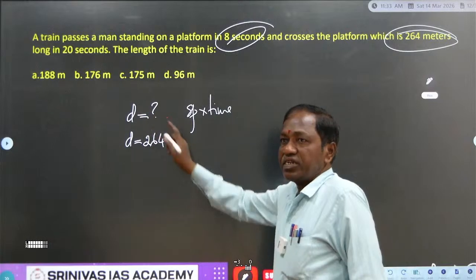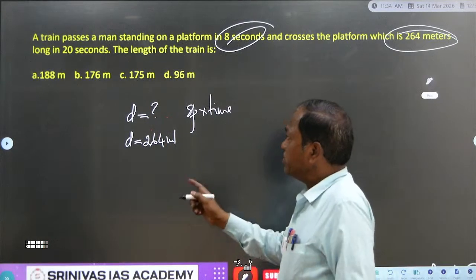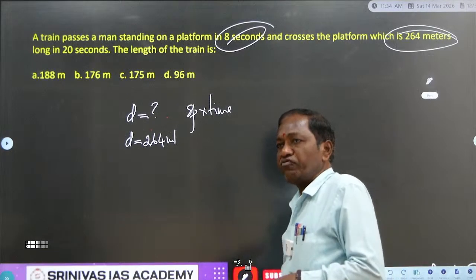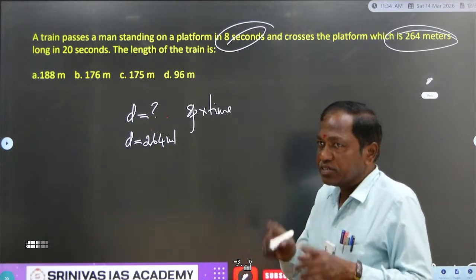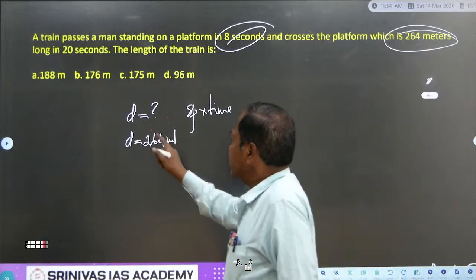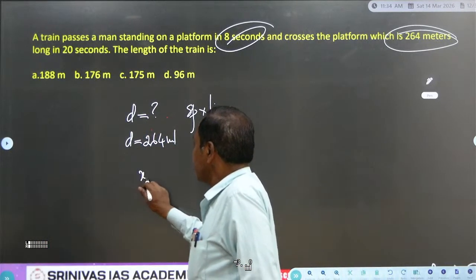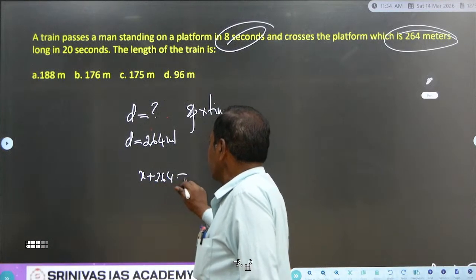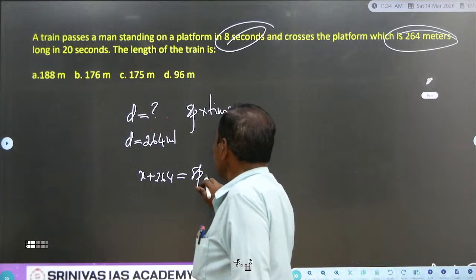When the train is crossing the platform, you need to consider the length of the train and the length of the platform. So the distance is x plus 264, which equals speed into time.